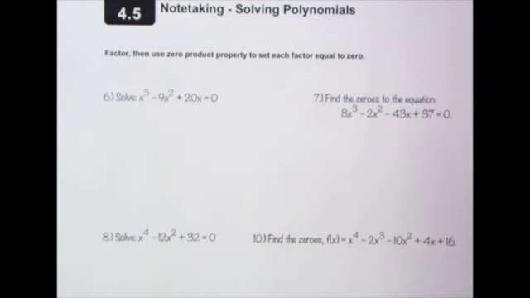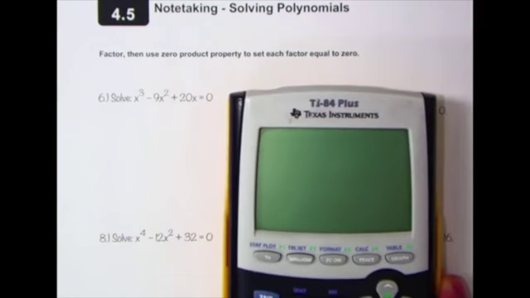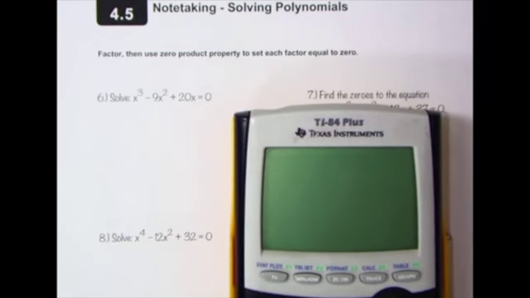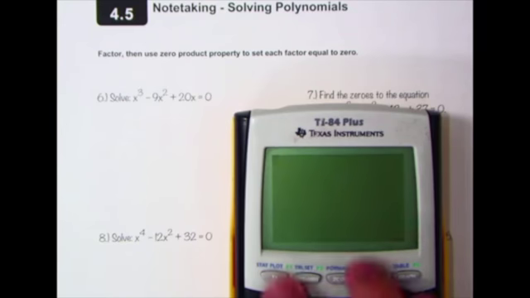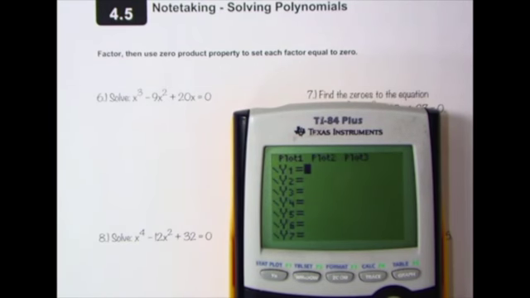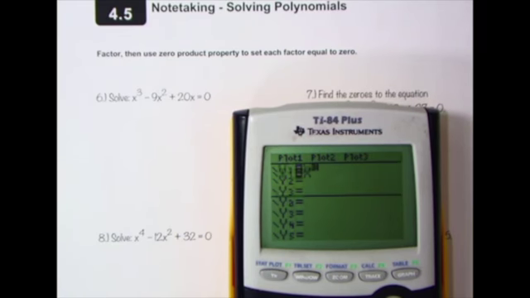Now the key is that it has to be a whole number solution. So we're going to look at the very first problem here. I'm going to go to y equals, and I'm going to put the first equation in, which is x to the third minus 9x squared plus 20x. And I'm going to hit graph. Now, a lot of times it is very obvious what your whole number solution is.